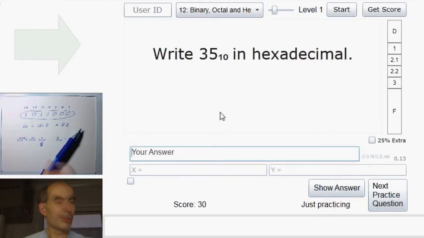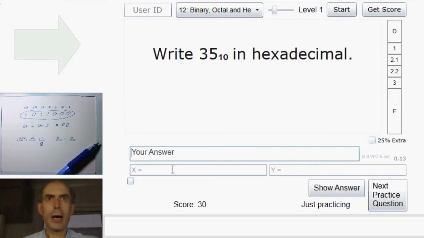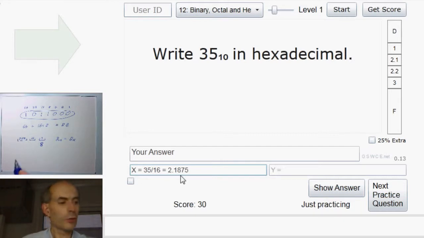Here's one slightly harder. 35 in hexadecimal. Well, how many 16s go into 35? If you don't know, the answer is 2. You could work out 35 divided by 16, and that would be 2 point something. So we know that there are 2 sixteens.